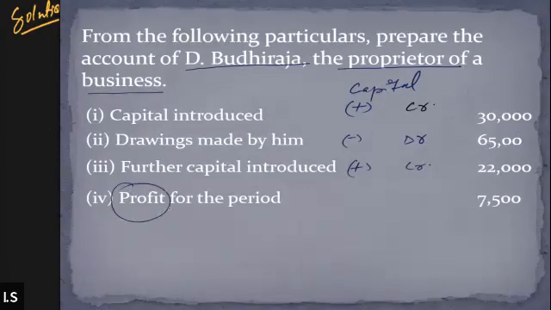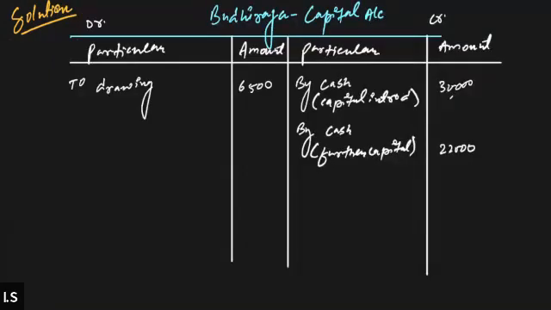So when the business generates profit, this eventually increases the amount of capital, and hence it should be recorded on the credit side as well. So again, going back to the statement, we will write down by profit of 7,500, right? And then we will tally both the sides.